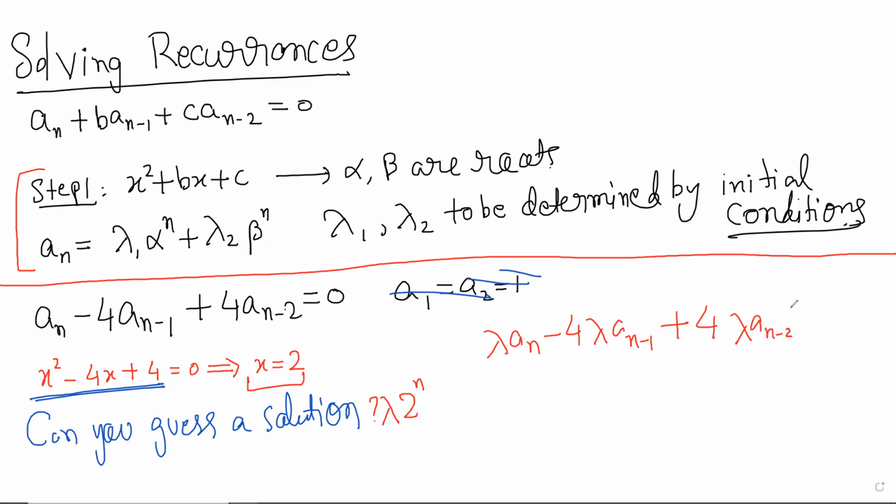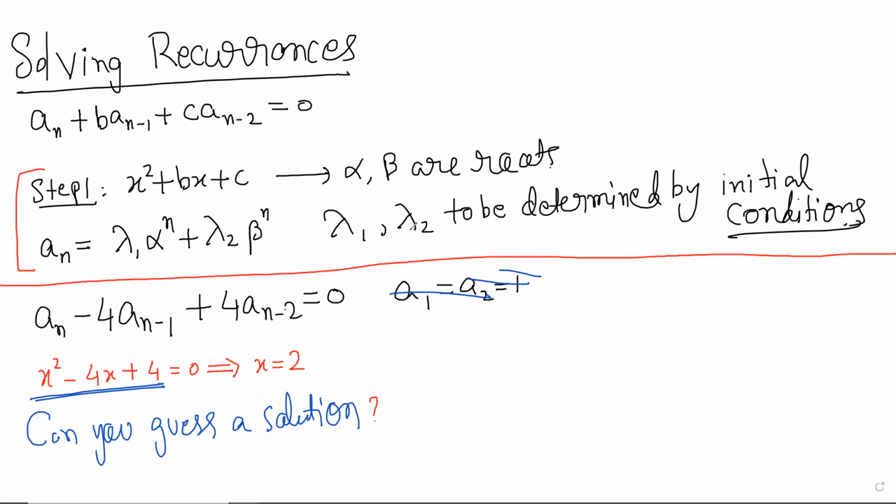Remember, if no other conditions are given, then if you have a solution, any constant multiple of that will also be a solution. When conditions are imposed, then the restrictions come. But it's a general feature, and this is a very important thing: if you have a solution, then any multiple of that will also be a solution.